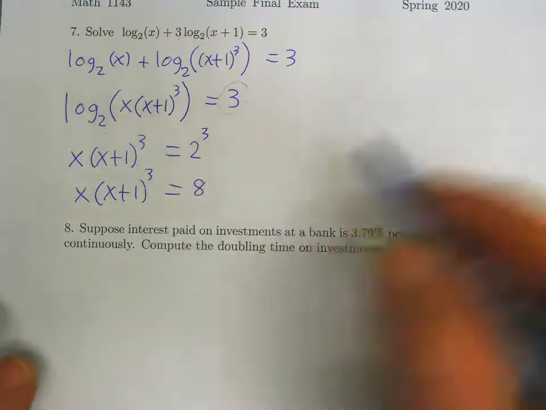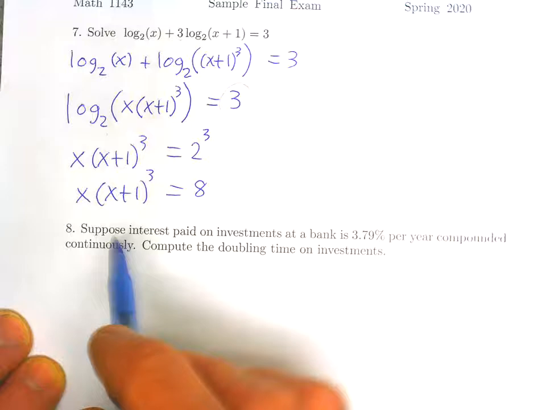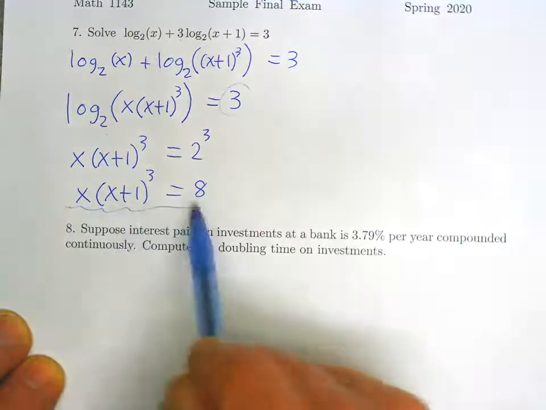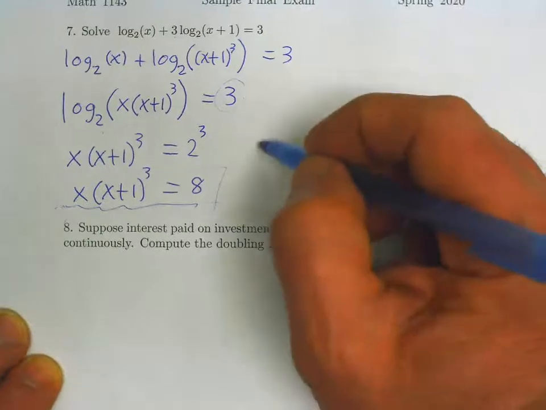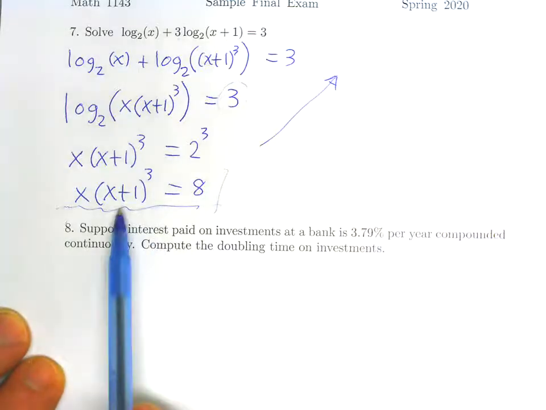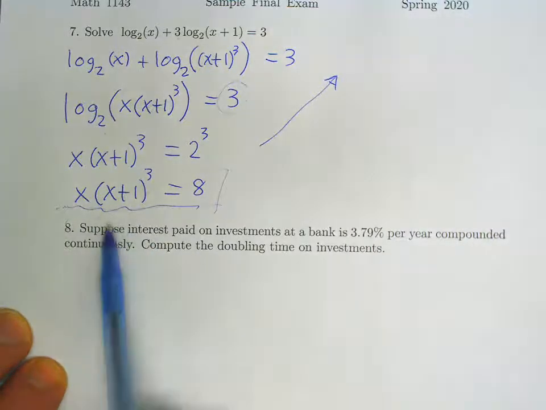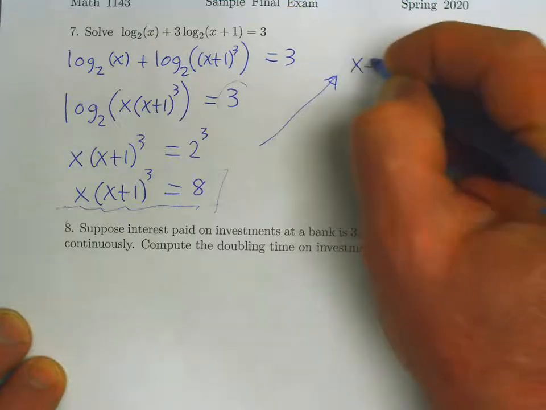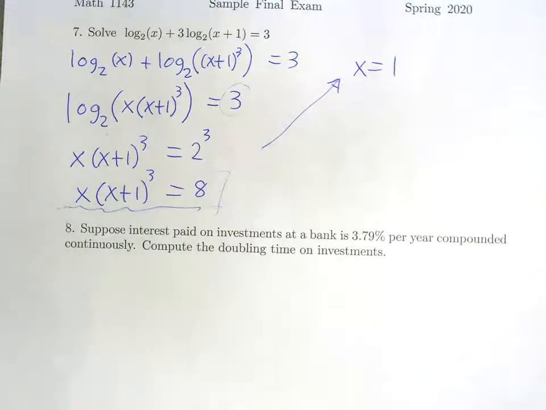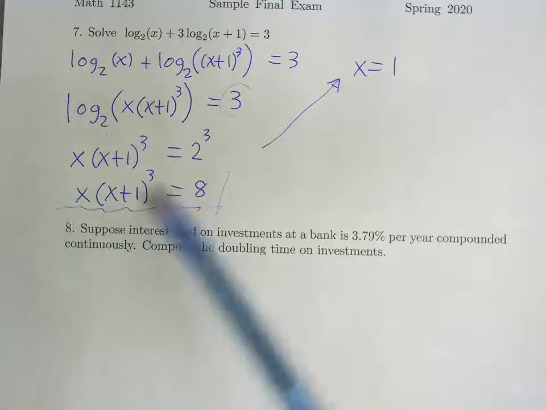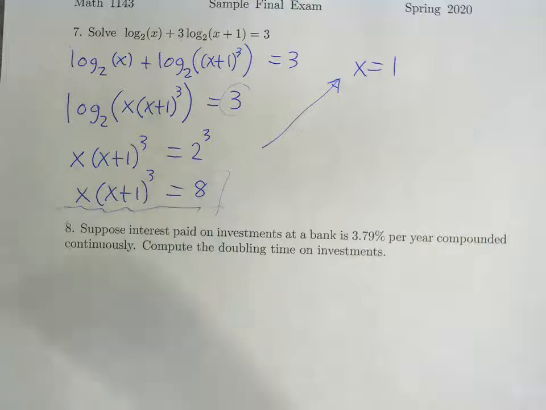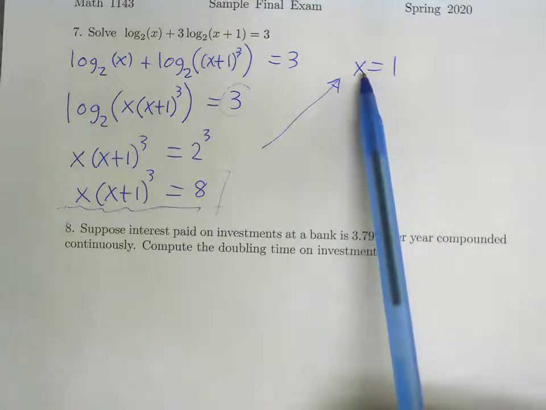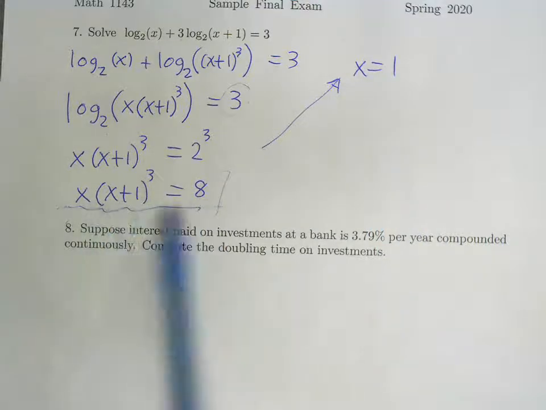So by inspection, if you see something like this, it's probably meant to have a simple type of solution that can be found just by looking at it and thinking about it without expanding that entire x plus 1 to the third. And sure enough, if x is 1, this equation is true.